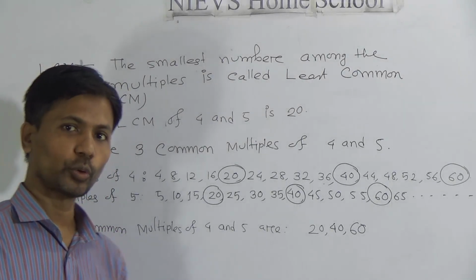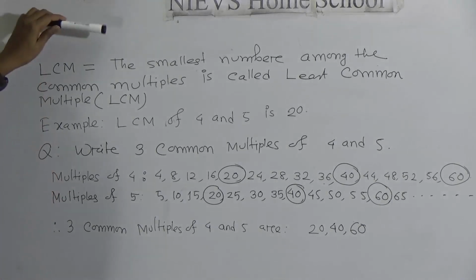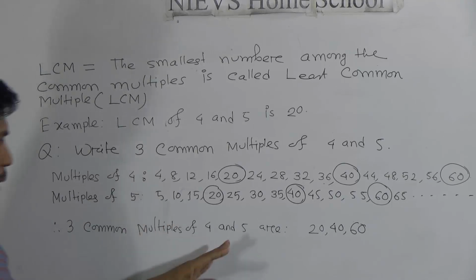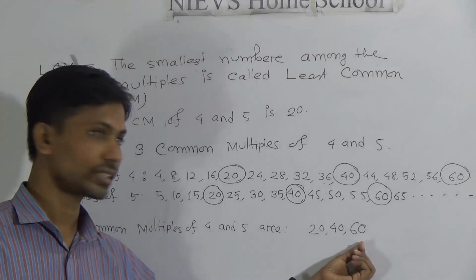Okay, student, I told you, you didn't understand the definition of LCM. Now I will explain it. The smallest number among the common multiples is called the least common multiple. The common multiples of 4 and 5 are 20, 40 and 60.